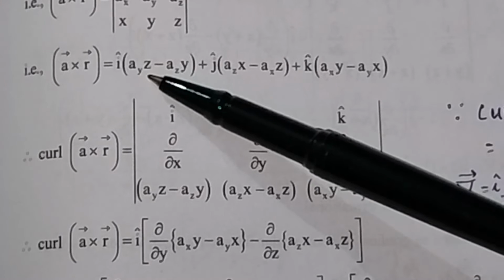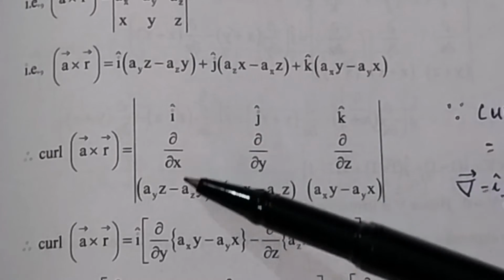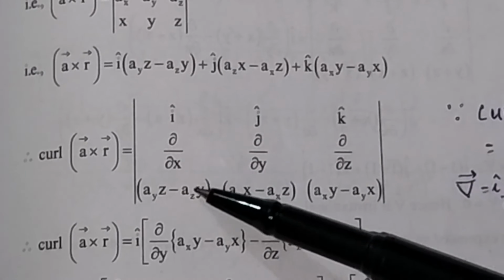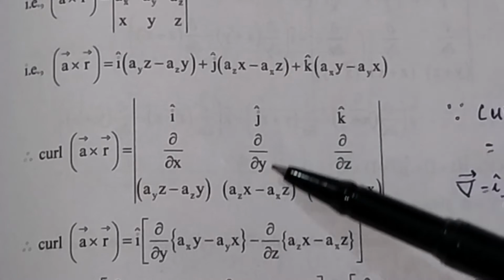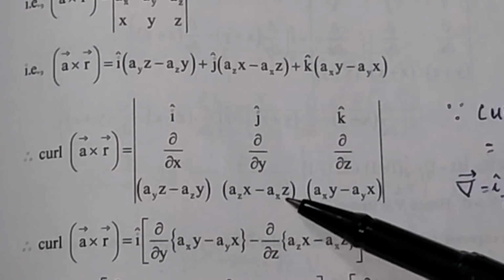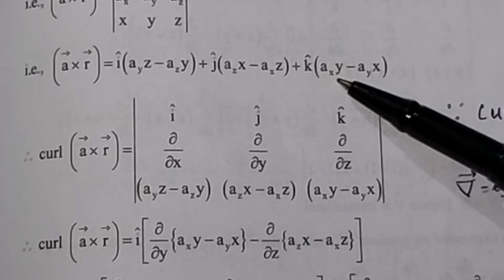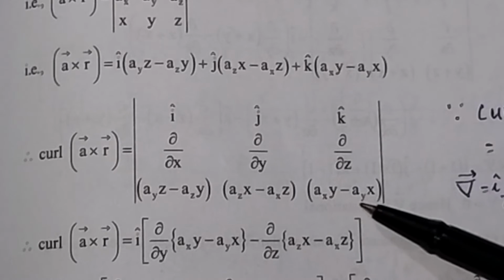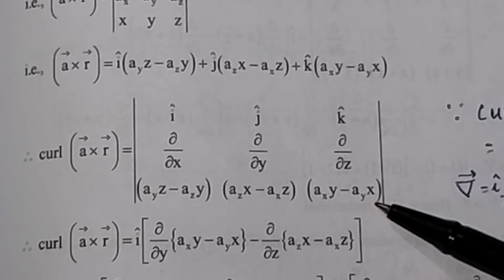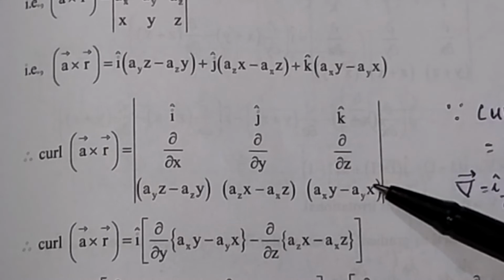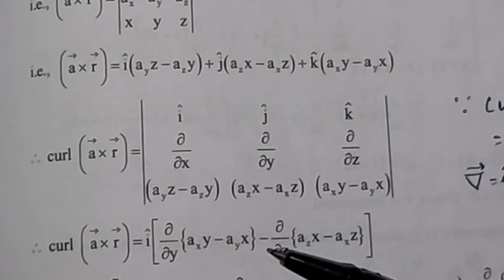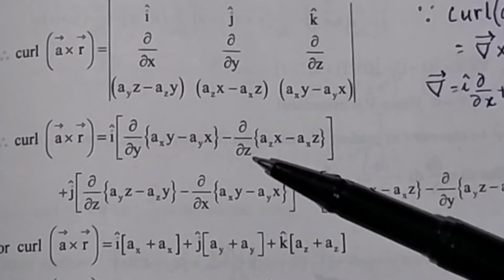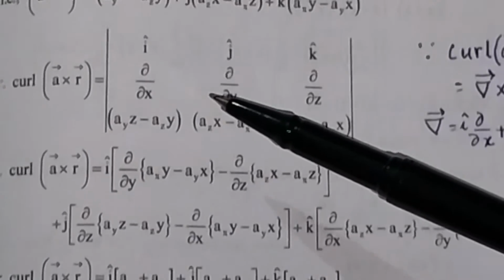For the i cap component, Ay z minus Az y. For the j component, you have Az x minus Ax z. And for the k cap component, you have Ax y minus Ay x. So if you find the determinant, that will be the curl of A cross R. So let us find the determinant.